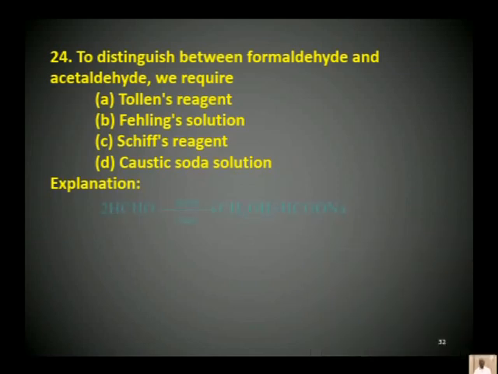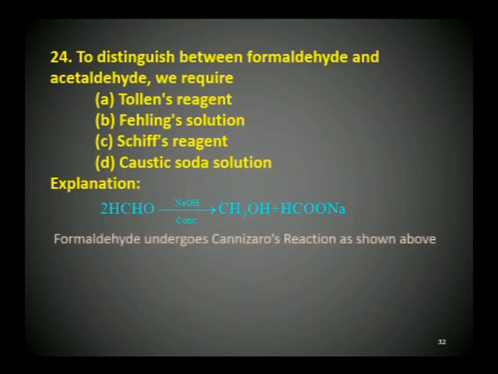Caustic soda solution is nothing but sodium hydroxide solution. NaOH solution is called sodium hydroxide solution, caustic soda solution. And you know that acetaldehyde is CH3CHO, formaldehyde is HCHO. CH3CHO is having 3 alpha hydrogens, whereas formaldehyde is not having alpha hydrogens. That is, formaldehyde is a compound which is not having alpha hydrogen.